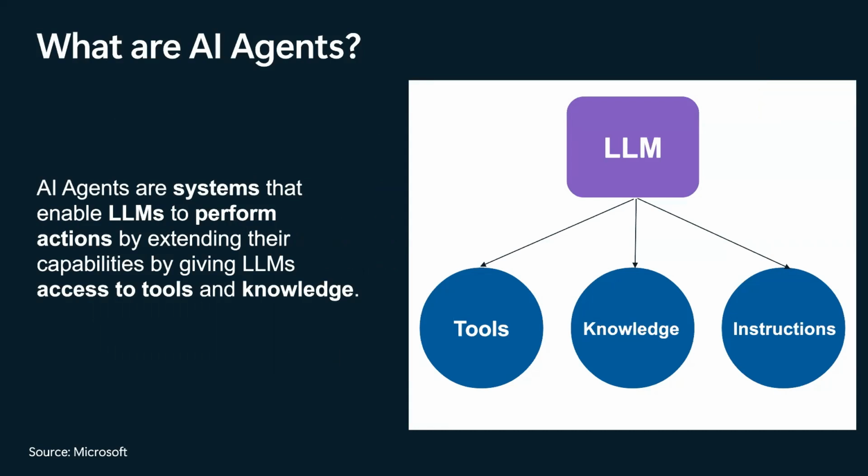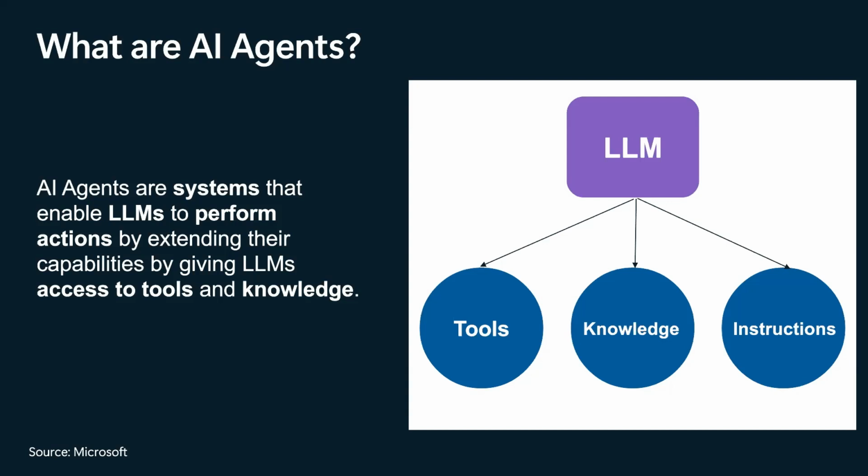They basically use large language models to process your prompts. But if you ask ChatGPT, hey, send an email for me, or just create this item in my database, it will not, unless you bring those tools inside the agent. So by building agents, we are extending large language models' capability to access certain tools.